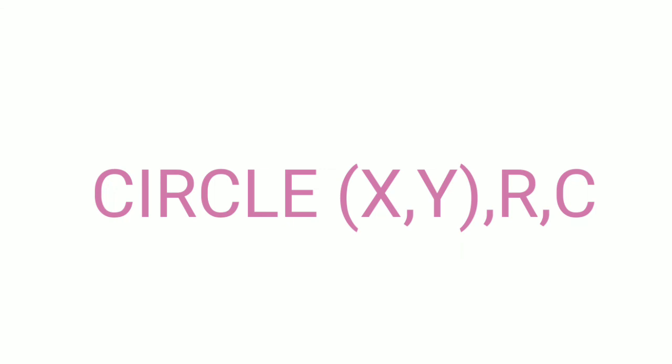And next, the circle statement. The circle statement draws a circle around the given coordinates with the given radius. If you want to draw a circle, you must know the radius value. This is the syntax: CIRCLE (x, y), radius, color.